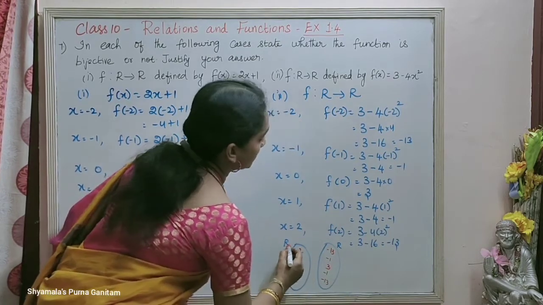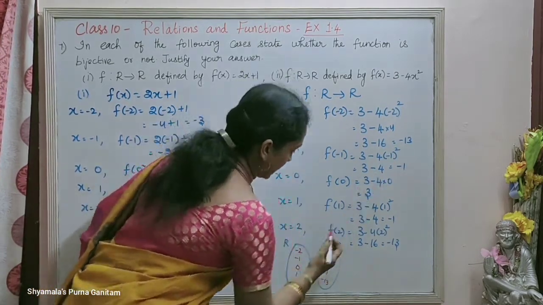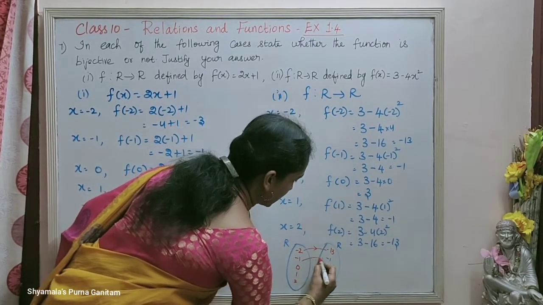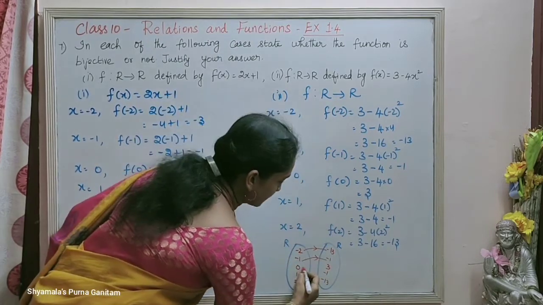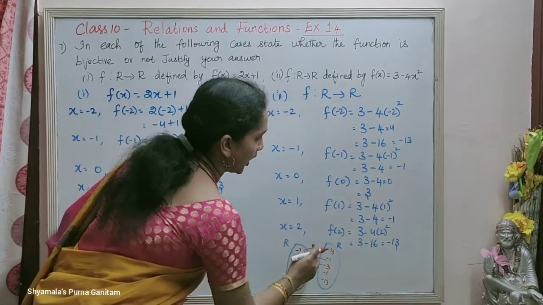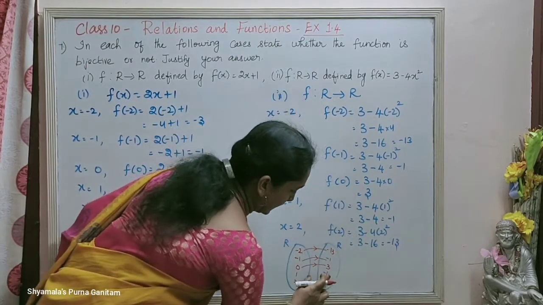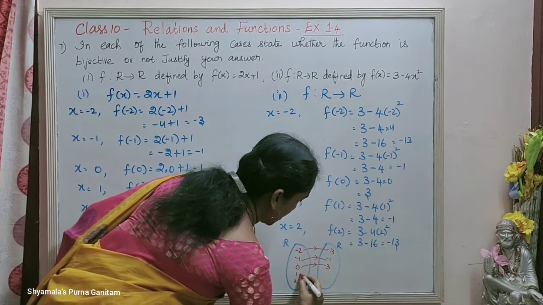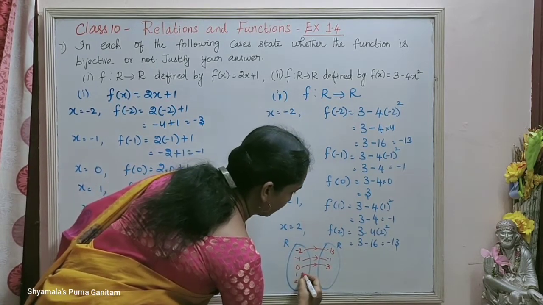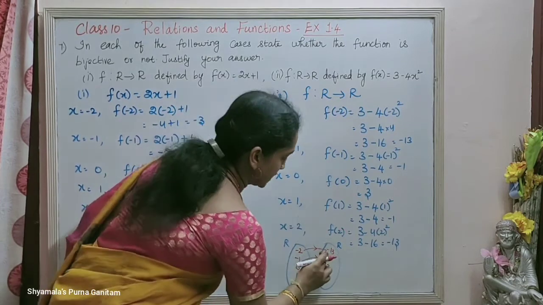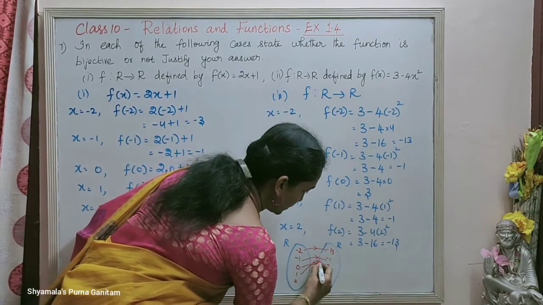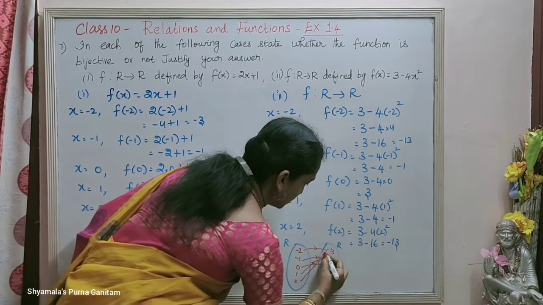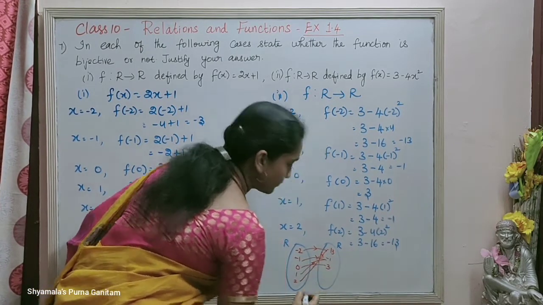So minus 2 is mapped to minus 13, minus 1 is mapped to minus 1, 0 is mapped to 3, and 1 is mapped to minus 1. 1 is also mapped to minus 1, and 2 is also mapped to minus 13.